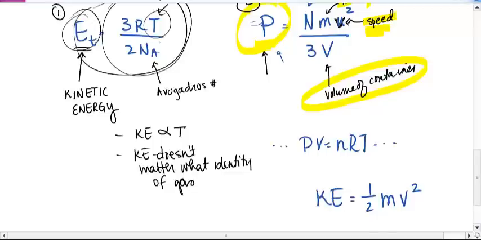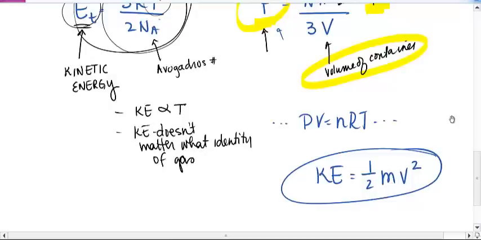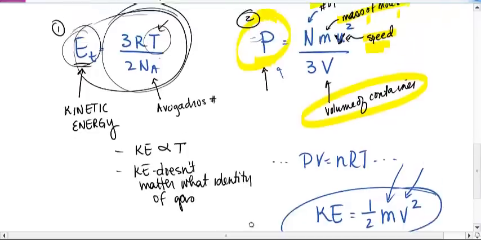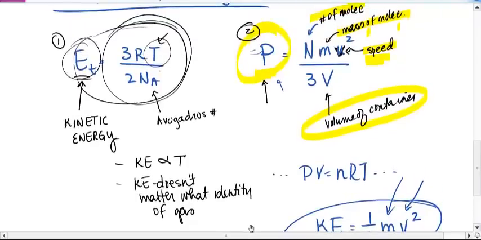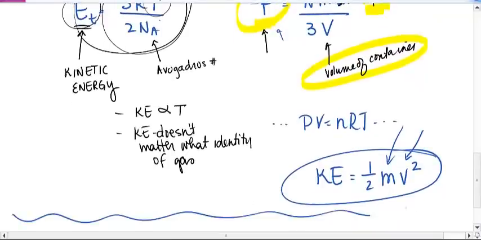And this is really kinetic energy is 1/2 mv squared, which you've learned in physics, and that energy is related to both mass and speed. Those are great things to know. So again, not so concerned that you can plug in numbers there, but that you understand what the basic premise of that means.